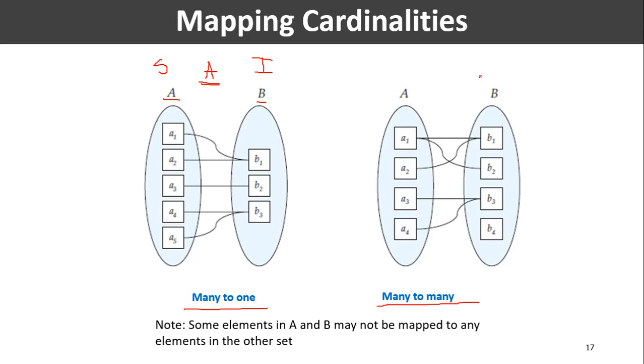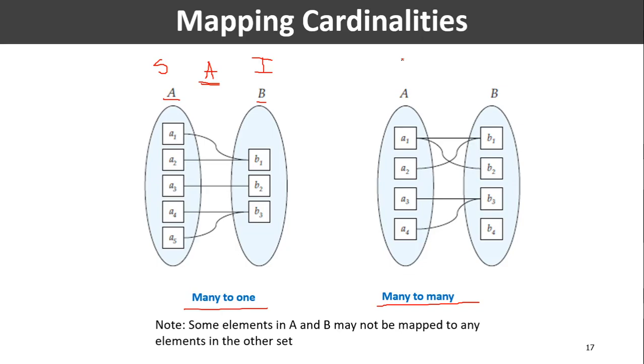So once again, if we look at our instructor-student relationship, if it is allowed that one student may be associated with any number of instructors and one instructor can be associated with any number of students, then we say that it is a many-to-many relationship.